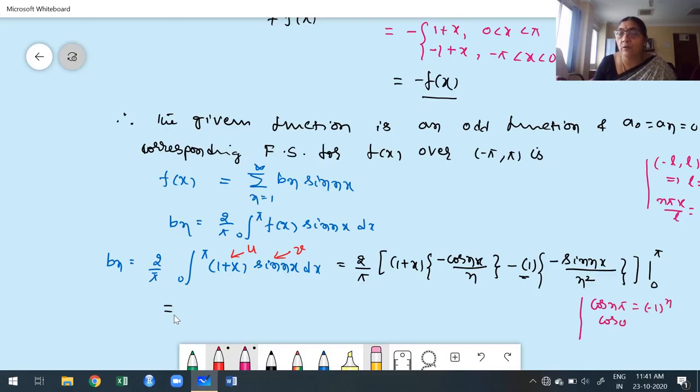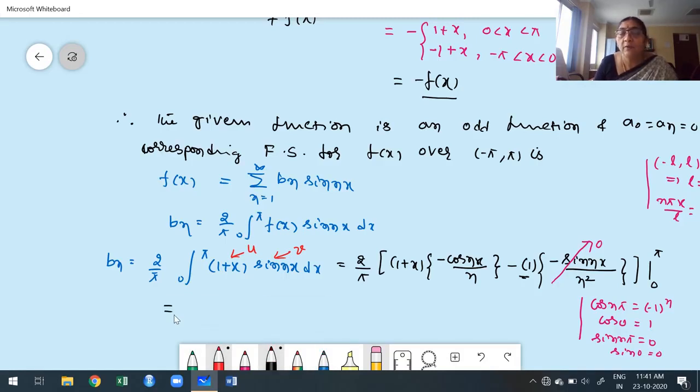What is cos 0? It is 1. Sine of n pi is 0. Sine 0 is 0. Then this shows that it is not necessary to apply the limit to the sine nx term because it is 0 at both upper and lower limits. Only we are going to consider this one.